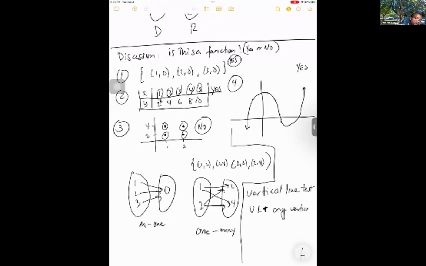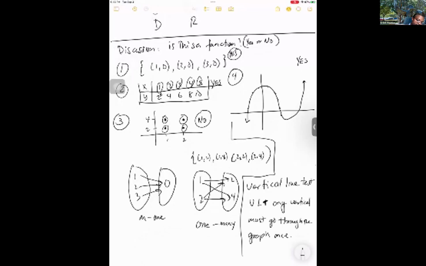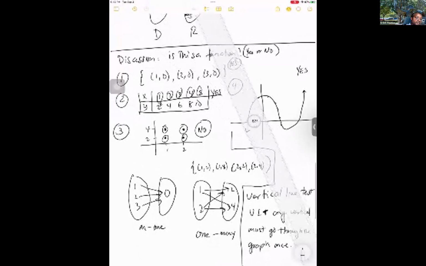that you draw must go through the graph exactly once. If that's the case, let me bring up my vertical line. This ruler right here represents a vertical line.